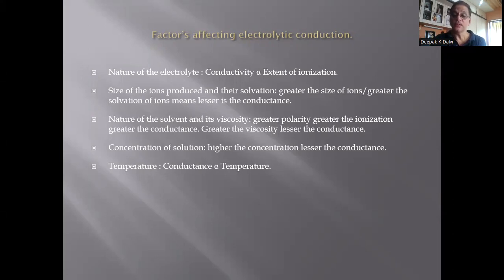Again, the third factor is the nature of the solvent and its viscosity. Viscosity means the thickness of the solution. If the solution is more viscous, the flow of the solution is low, so conductance will be very weak.